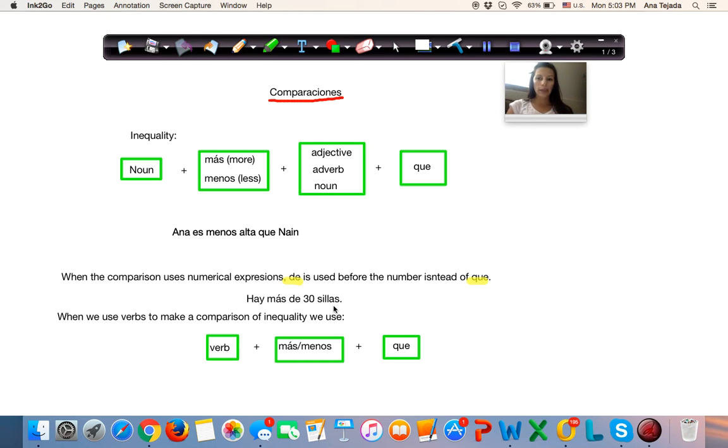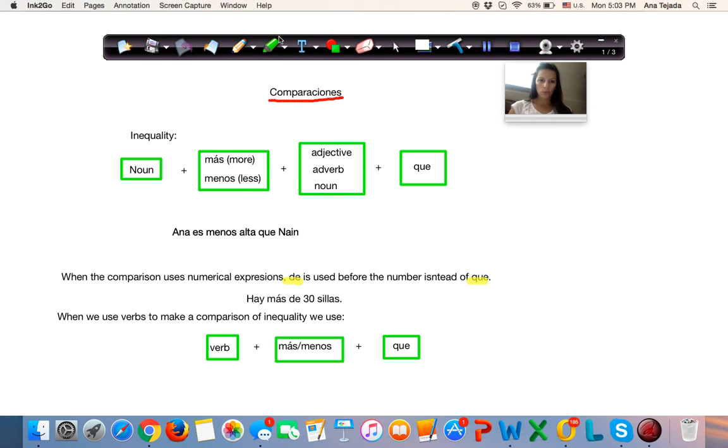Let's go back to the first part. The first formula, just to call it somehow, is when we use adjectives, adverbs, or nouns. Our next formula is when we use numbers, and the last one is when we use verbs. So with verbs, we have the verb plus más or menos, and then que.